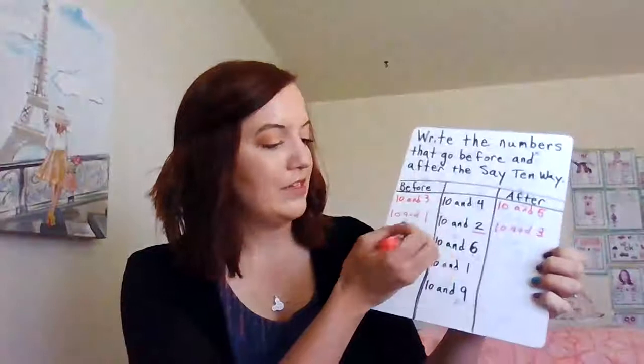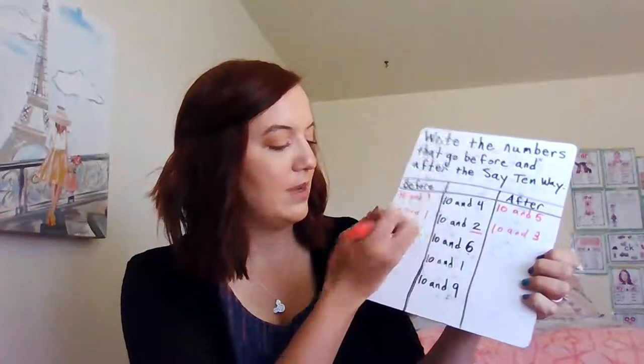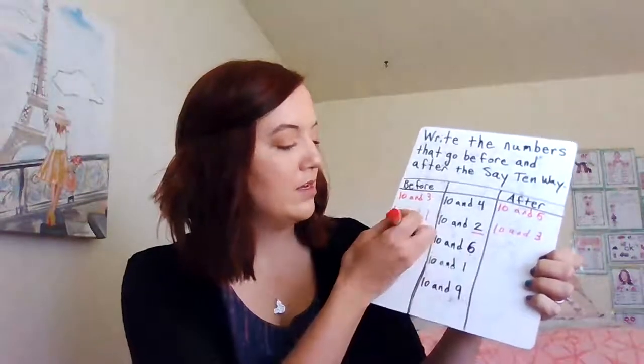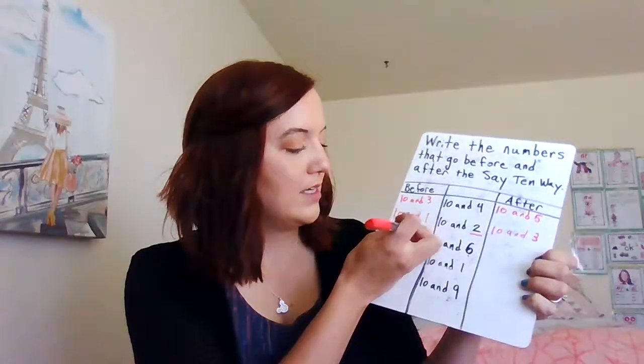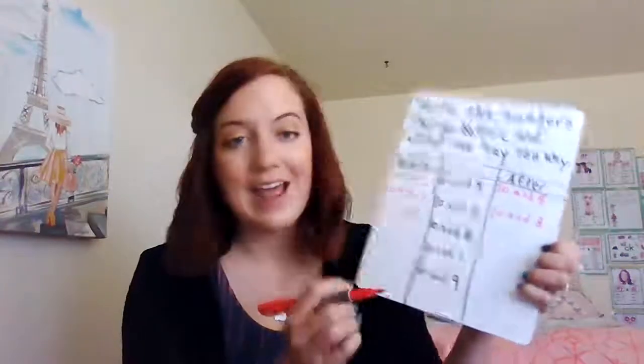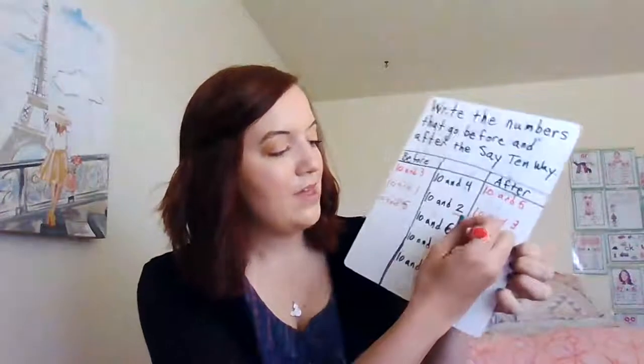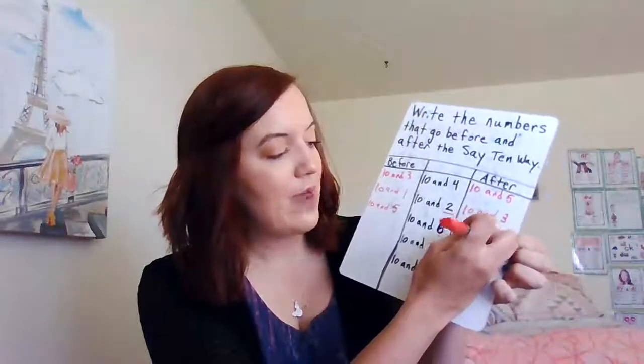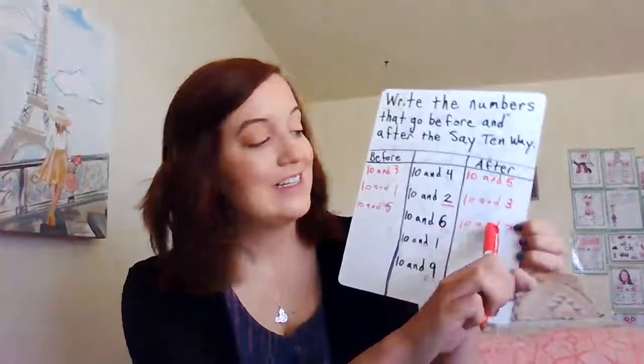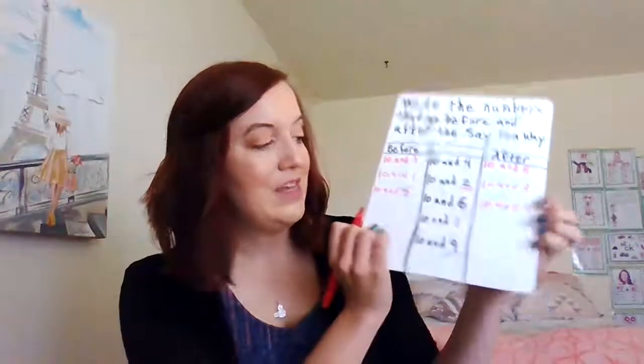Then we jump down here to 10 and 6. Sorry if my hand starts erasing some of the numbers. So before 10 and 6, we need to have 10 and 5. So we have 10 and 5. And then the number that comes after 6 is what? 10 and 7.